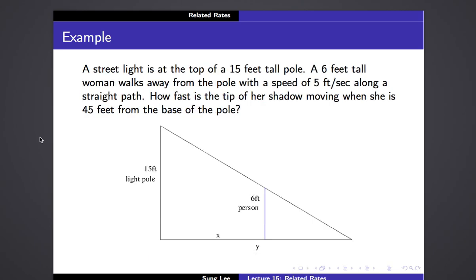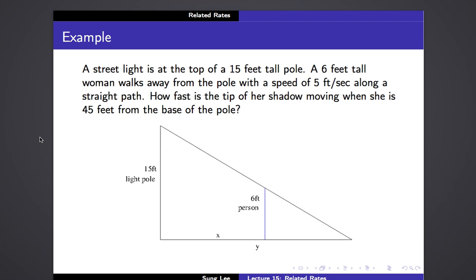Here's another example. A street light is at the top of a 15 feet tall pole, and a 6 feet tall woman walks away from the pole with a speed of 5 feet per second along a straight path.